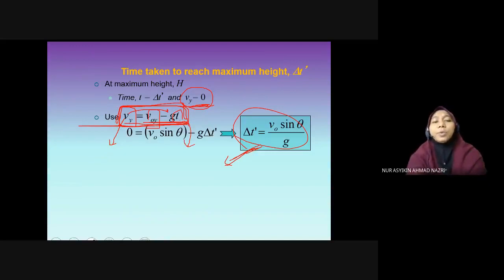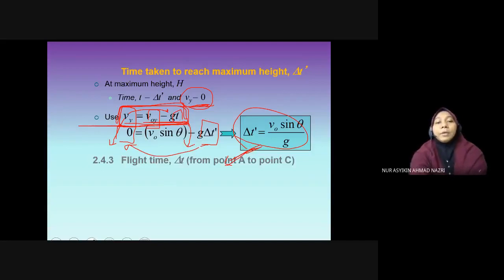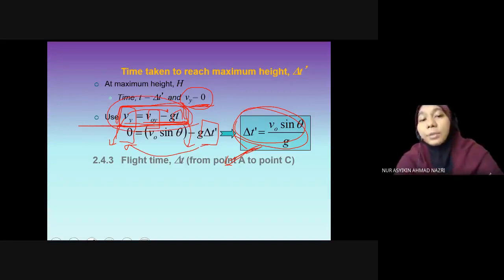So that's why we use this equation to explain that at the top point, this is the time that we use to reach the top point. Like that. So this one you can remember or not, it's okay, but you must remember and must understand this equation.